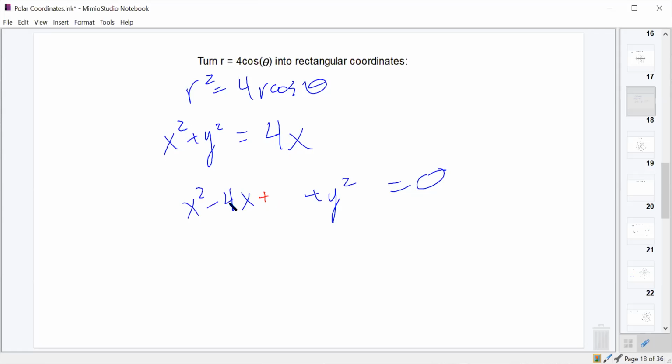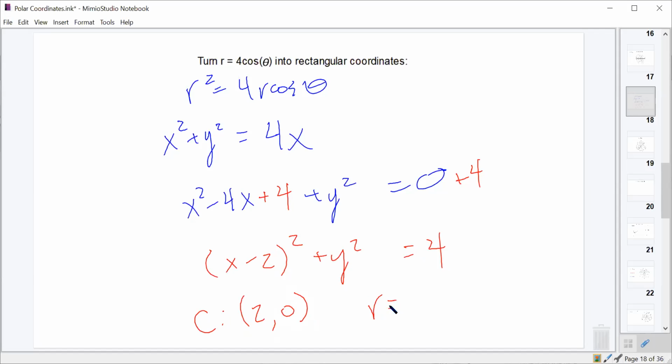Half of -4 is -2, squared is 4, so add a 4 to both sides. And it becomes x minus 2 squared plus y squared equals 4. So it ends up being a circle that's centered at what point? Should have a center at (2, 0), and it should have a radius of 2. Yeah?